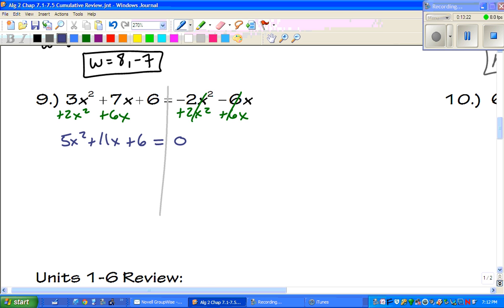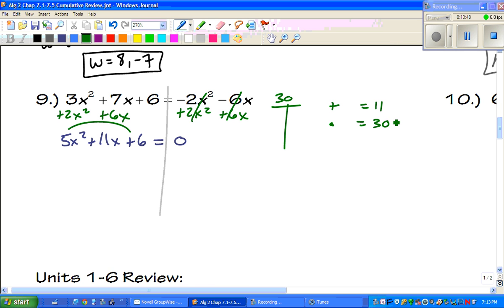Okay? Now, first thing to always check, is there a GCF? No. Okay, so next thing to do is we gotta multiply 5 times 6, and we get 30. So I want numbers that add up to get to 11 and multiply to get to 30.